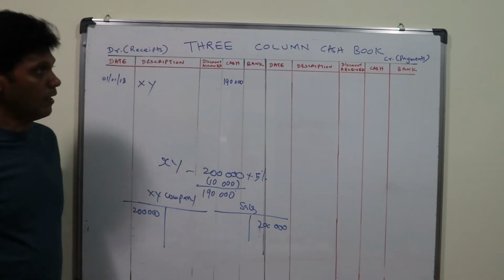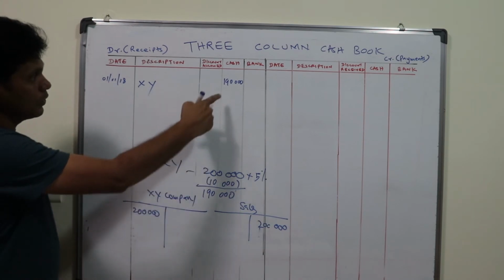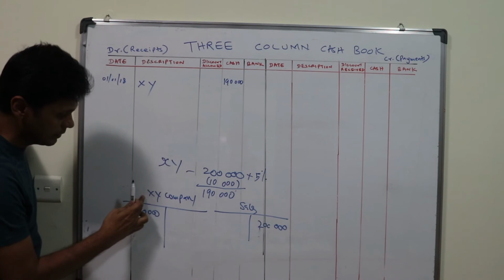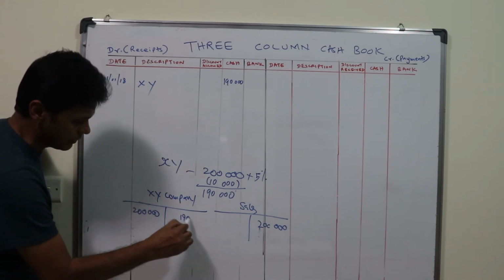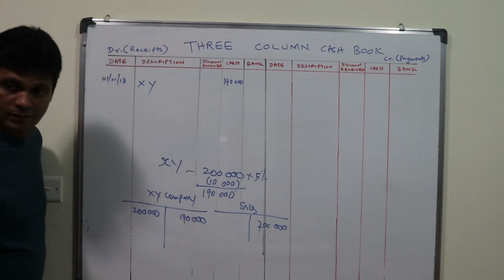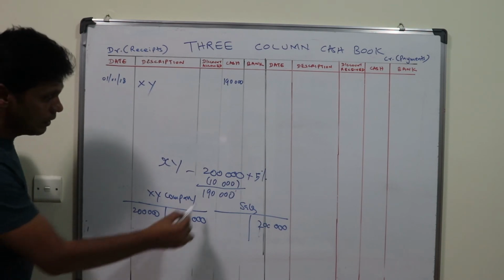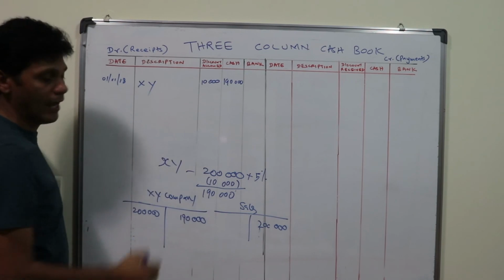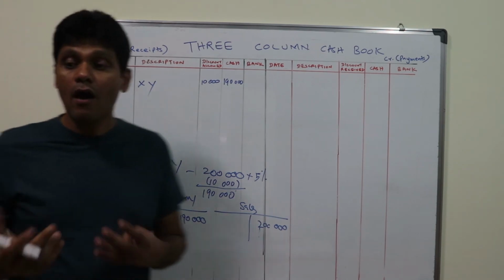You debit the cash book and you credit XY company. And this 10,000 has to be recorded here as discount allowed.